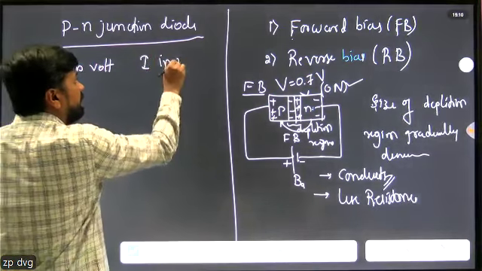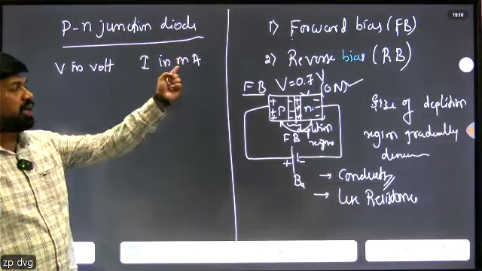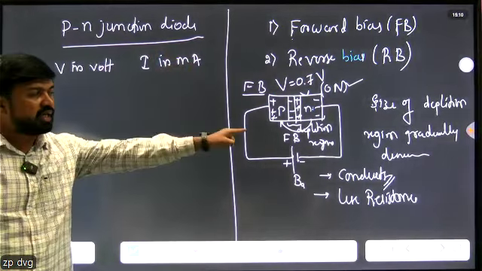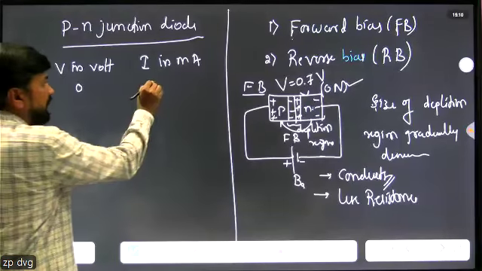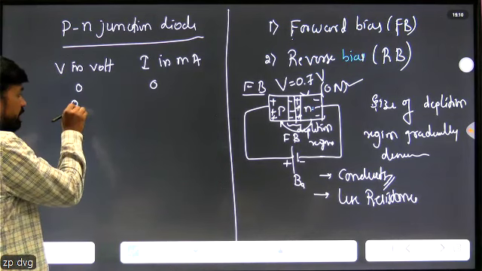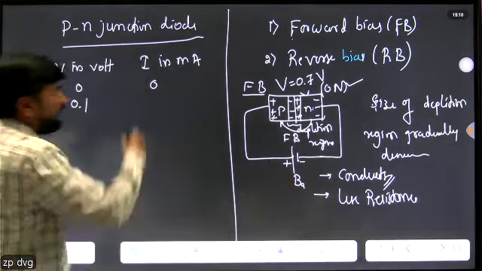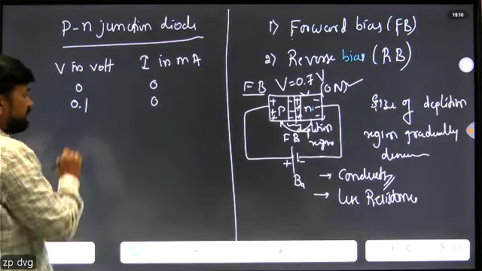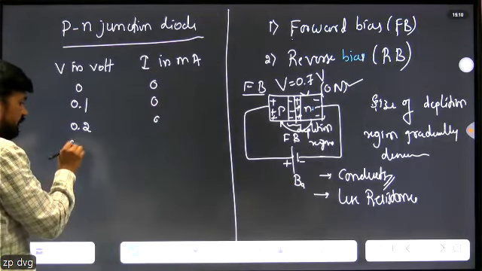Increase in the biasing voltage from 0, V in volt, I in milliampere. We can measure current in terms of what? Milliampere. In which bias? Forward bias. When potential difference is 0, current also becomes zero. When we apply 0.1 volt with the help of the battery, again current is 0. At 0.2, current is also 0.